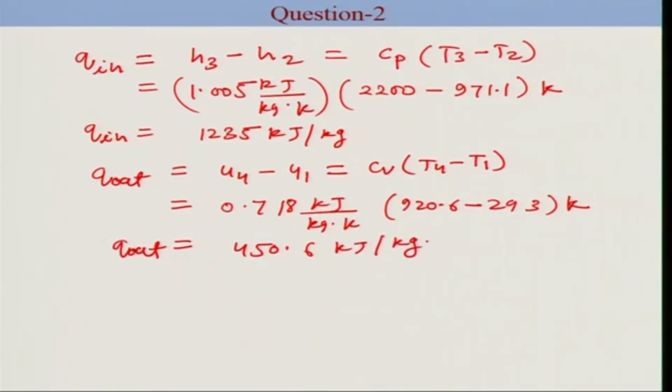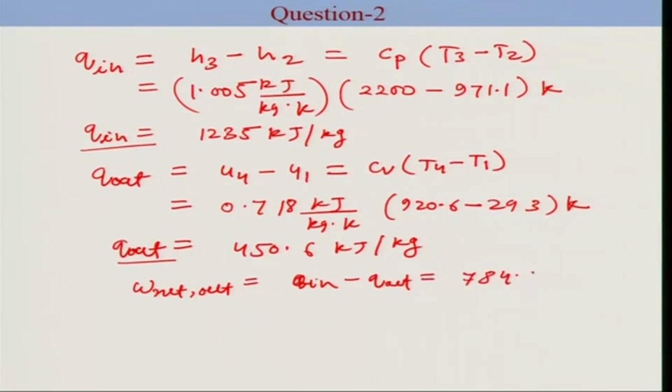Okay. So since we know Q in and Q out, we can calculate the net work coming out of the cycle, equal to Q in minus Q out, which is equal to 784.4 kilojoule per kg. Okay.